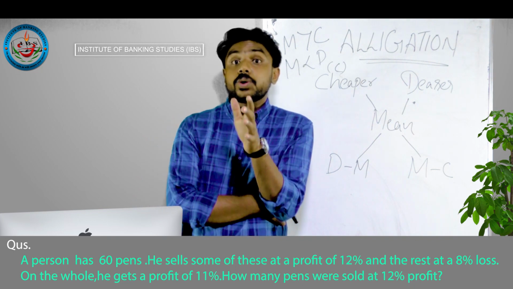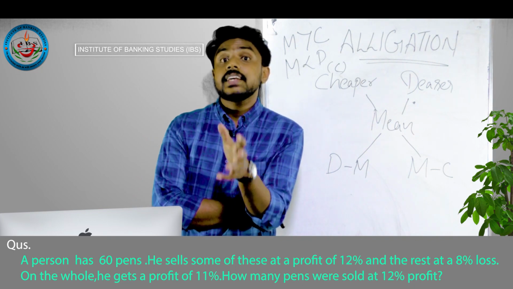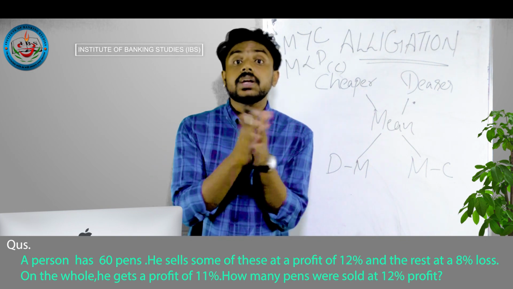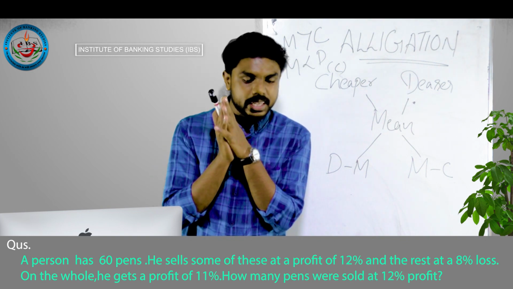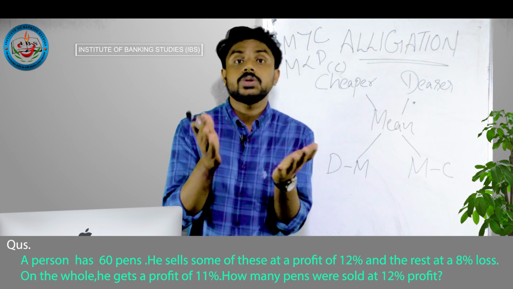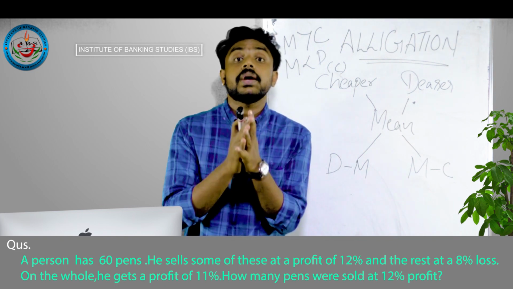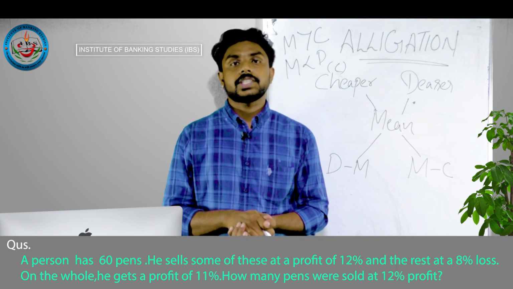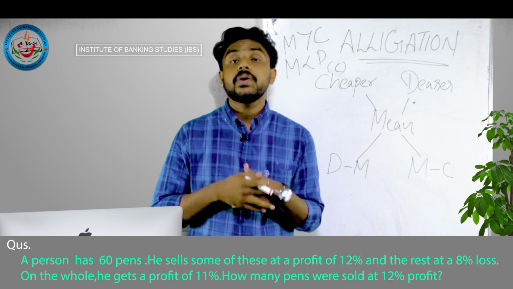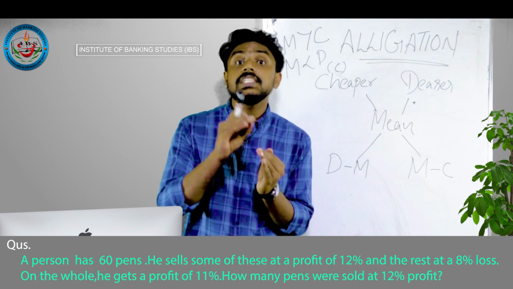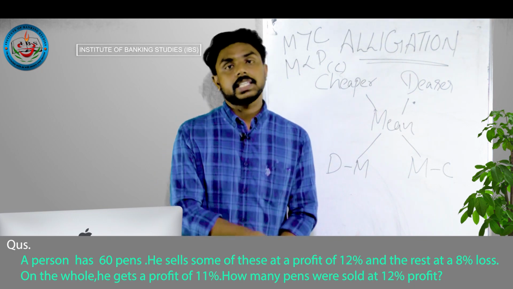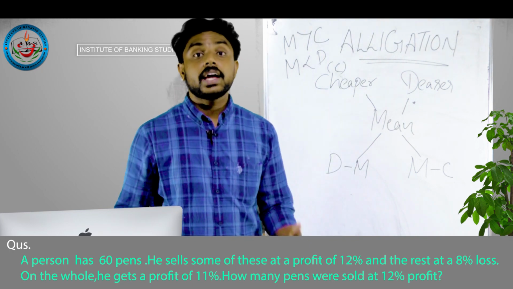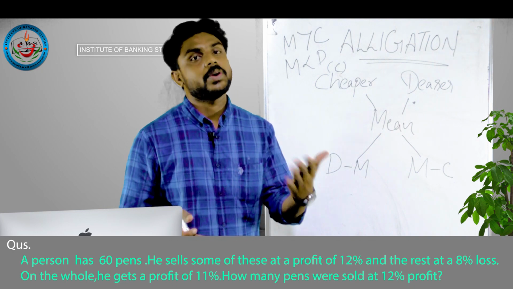In the total transaction, both profit and loss, he got a total profit of not 12, but 11%. We have to find how many pence were sold at a 12% profit. We are going to solve this through allocation.